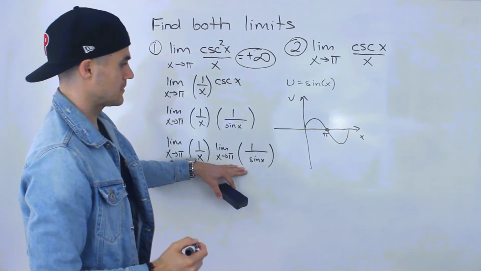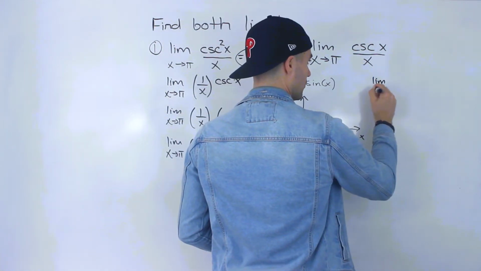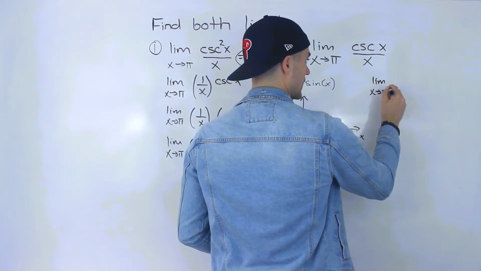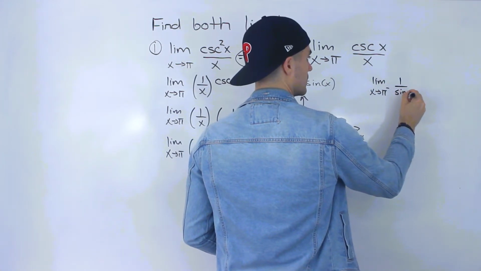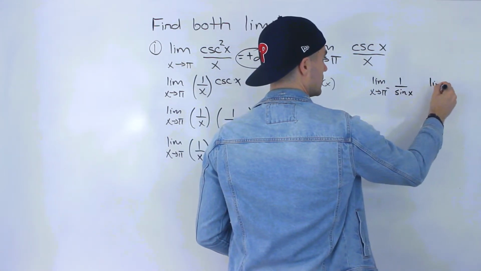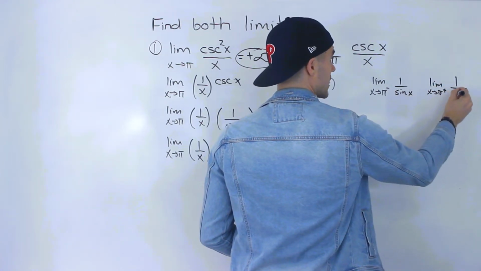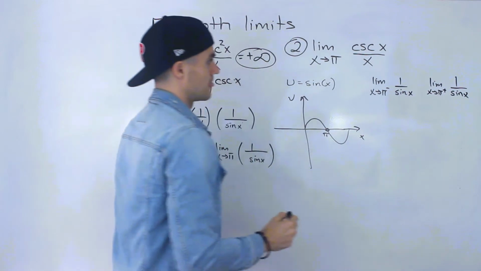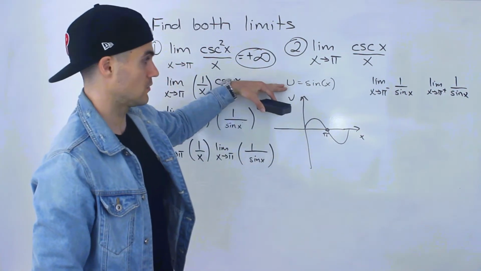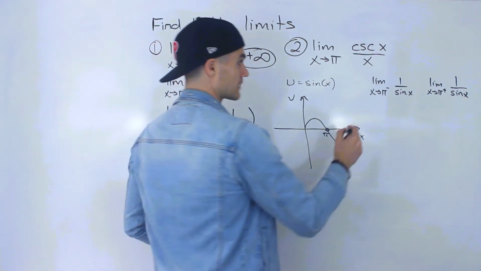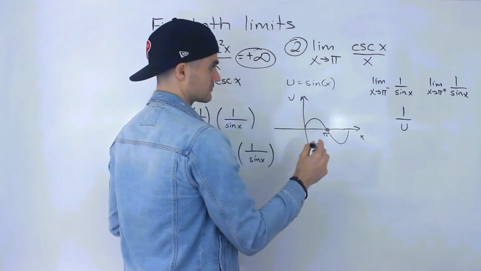So notice for this limit, we have to do both the limit as x approaches pi from the negative side of 1 over sine x, and then we also have to do the limit as x approaches pi from the positive side of 1 over sine x. And if we do this substitution, where u is equal to sine x, this is going to end up being 1 over u.